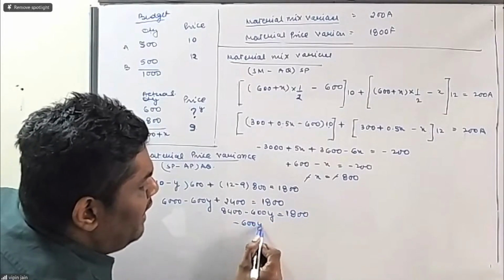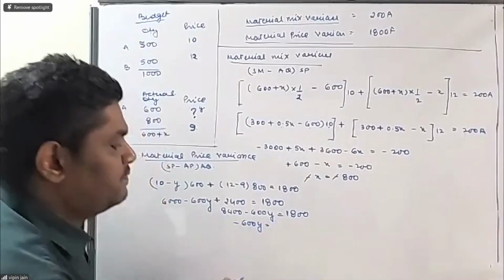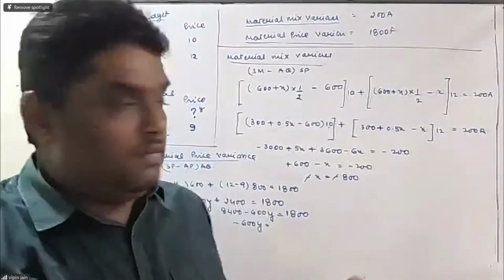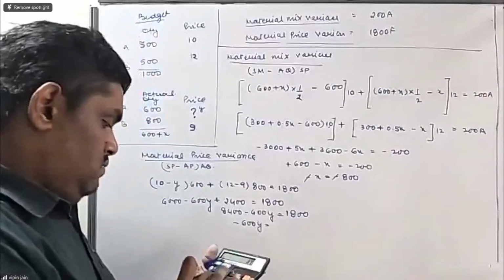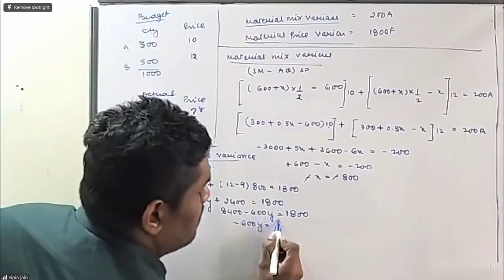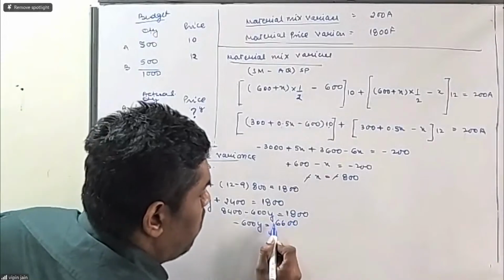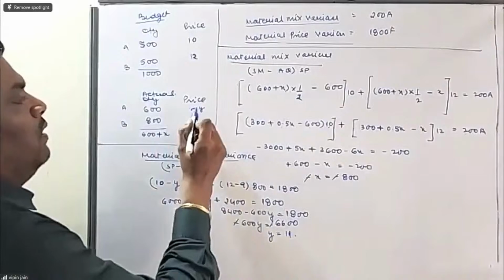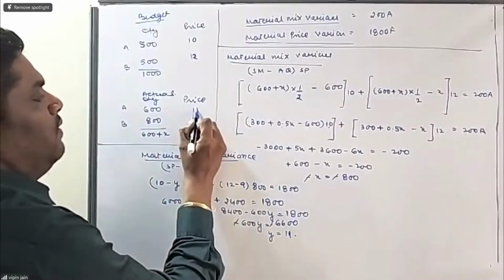Minus 600Y is equal to minus 6600. So this answer, Y, will be 11.